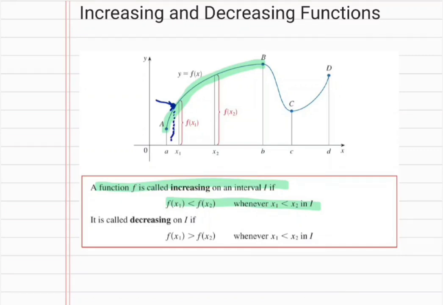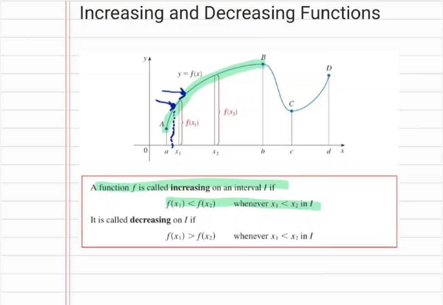Now if you pick another x value, the second x value, it is always more than the first, because if you just go more to the right in the interval A to B, the second x value that you choose is always greater than the first x value. You just start moving to the right side.